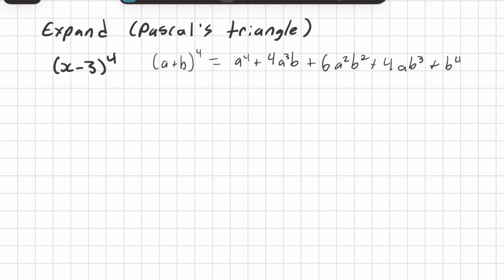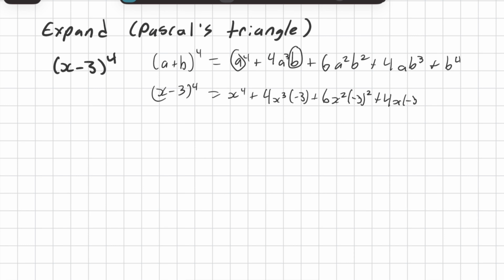So we can just fill this in for (x minus 3) to the 4 equals, and we can just fill it in. So the a here would be our x, and the b would be negative 3. So it would be x to the 4 plus 4x to the 3 times negative 3 plus 6x squared times negative 3 squared plus 4x times negative 3 to the 3 plus negative 3 to the 4.